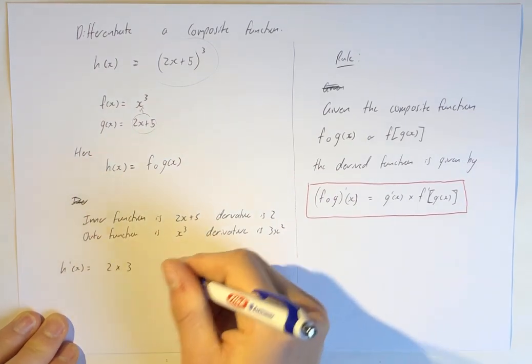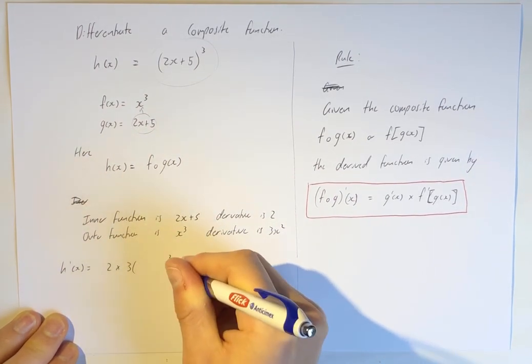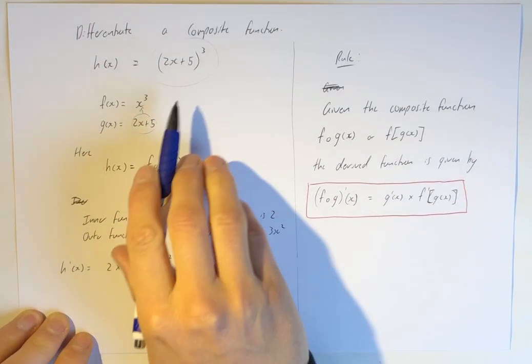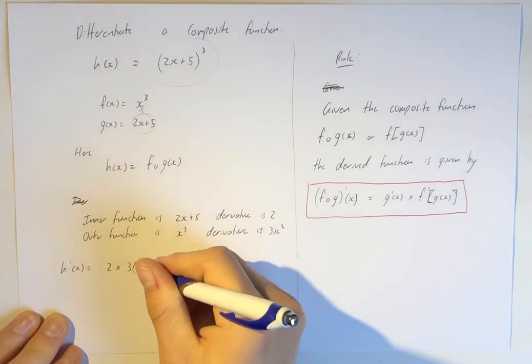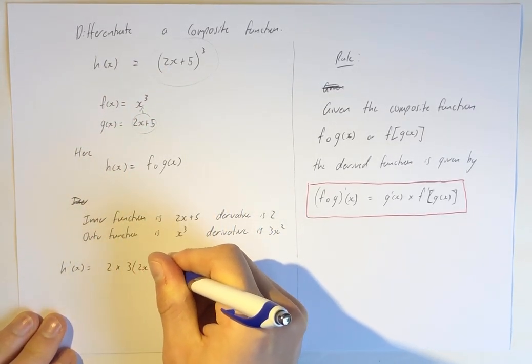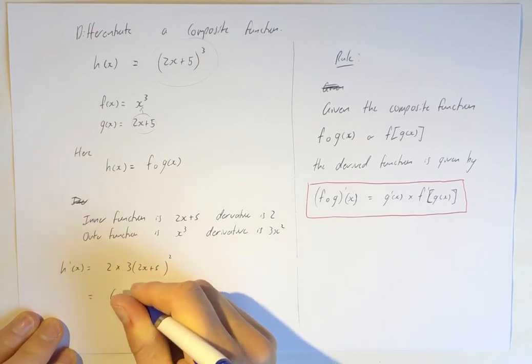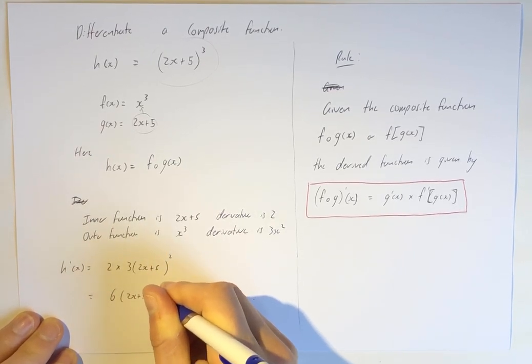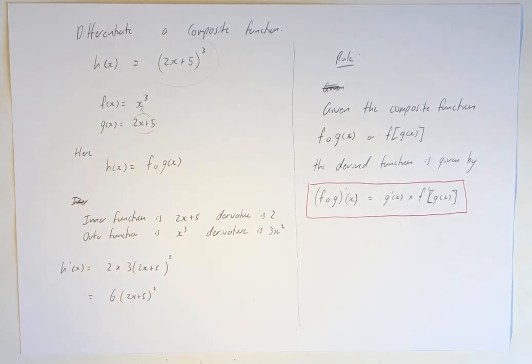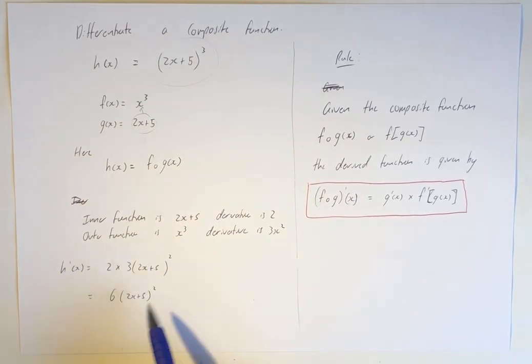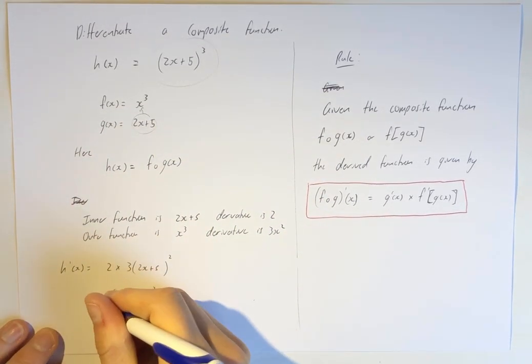So we have 3 squared, but our inside function is still in there. So it's 2x plus 5. And so our answer is 6 times (2x plus 5) squared. And so I tried to go through all the notation and do that correctly in terms of notation.